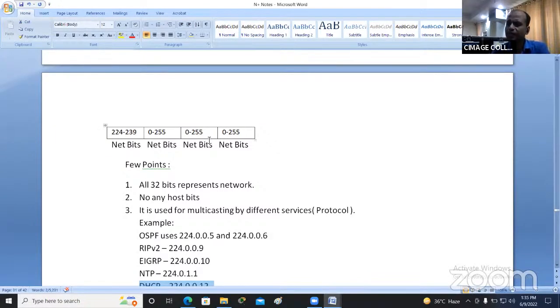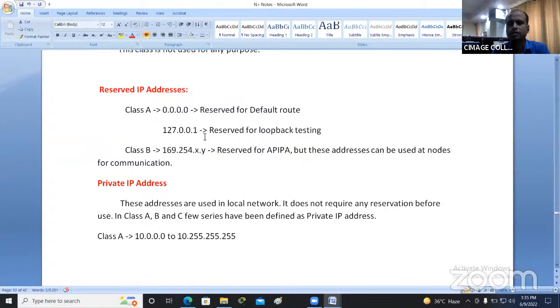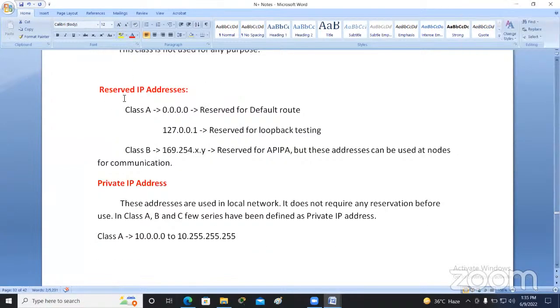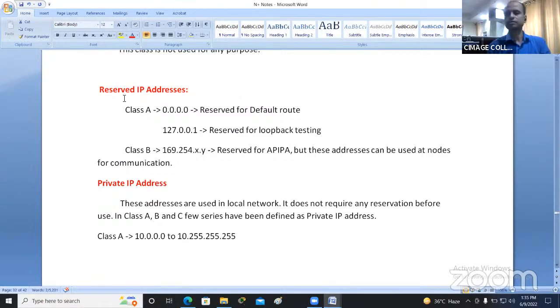But in class A, B, C, there is a concept of reserved IP address. Fine. What is reserved? Reserved IP means some IP addresses have been reserved for some specific purposes.